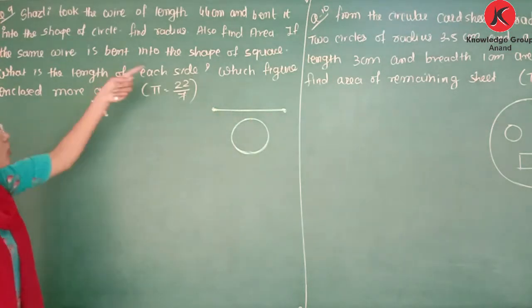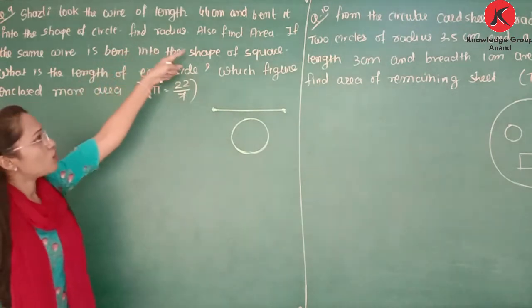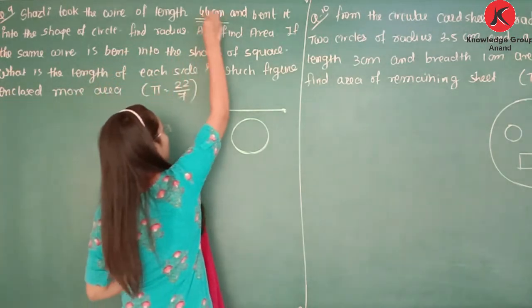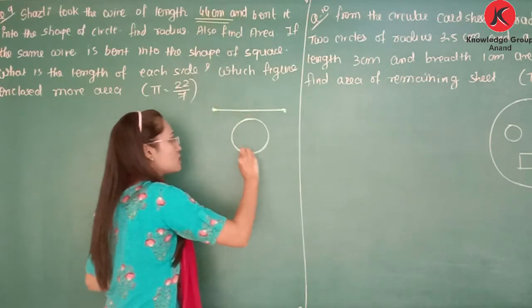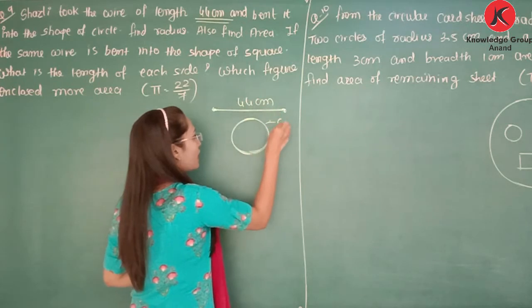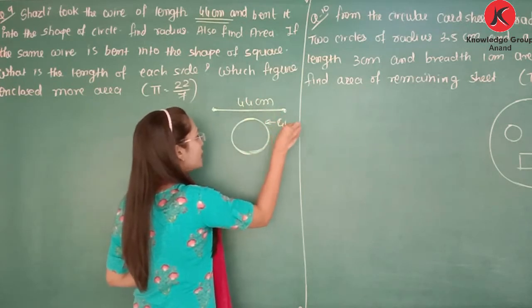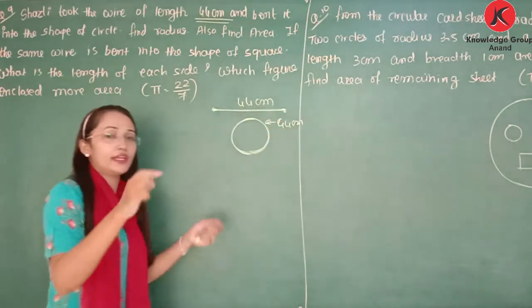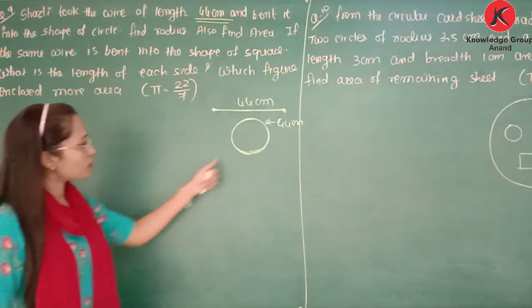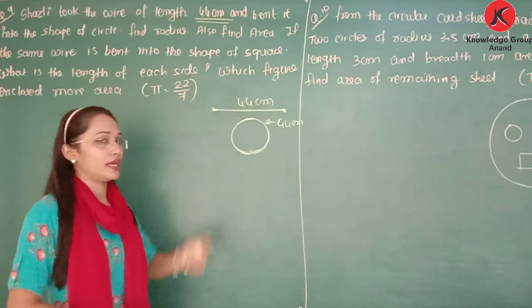Clear? Also find the radius and also find the area. So length of wire is 44 centimeters, so circumference of the circle is also 44 centimeters. Why? Because if we bend the wire into a circle, its length does not change.